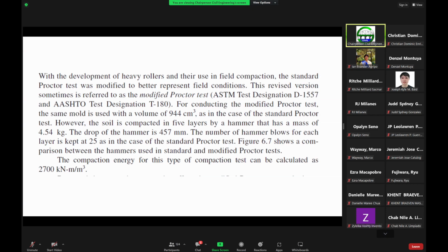Now, the standard Proctor test was basically corresponding to a particular equipment in the field. As time went by with the development of heavy rollers, these compaction equipments were being improved.